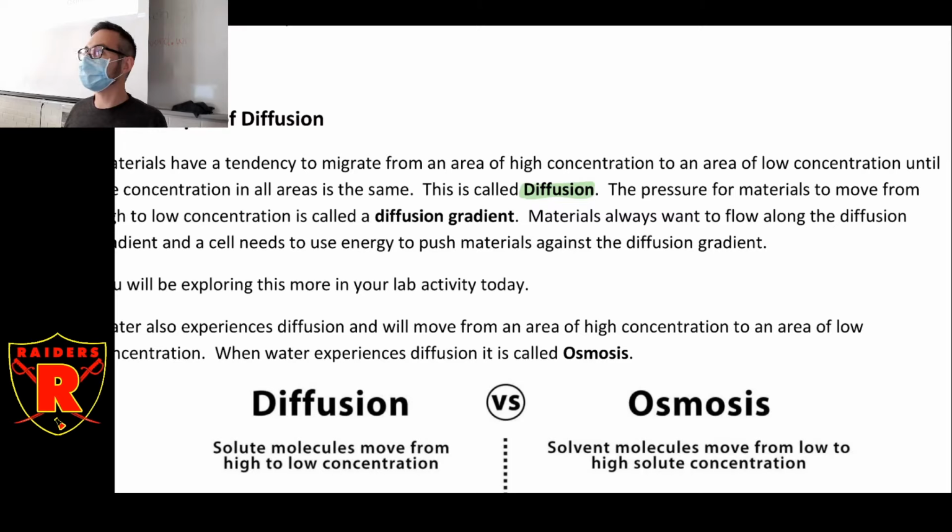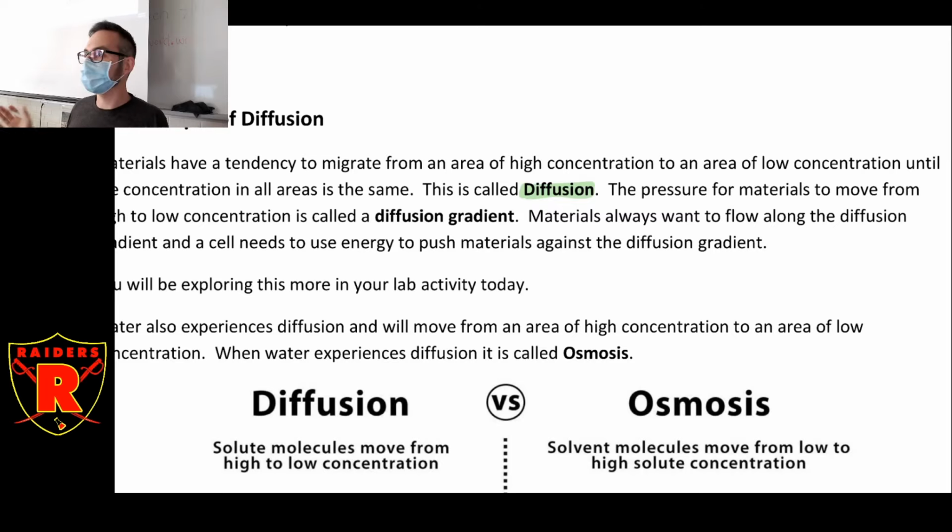So things don't stay together in a big bunch. If you went to the far side of this room and you sprayed some perfume in here, you already know this, that the perfume isn't gonna sit in a cloud in one side of the room, right? It's just gonna slowly spread out into the entire room. It's gonna go from a high concentration in the corner to a low concentration and spread out through the entire room.